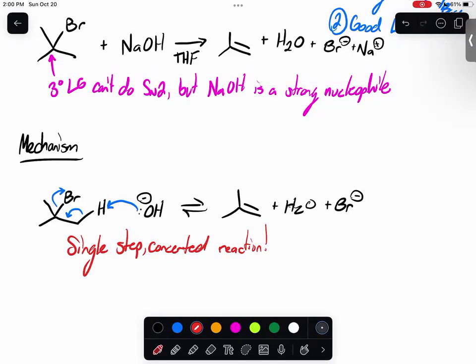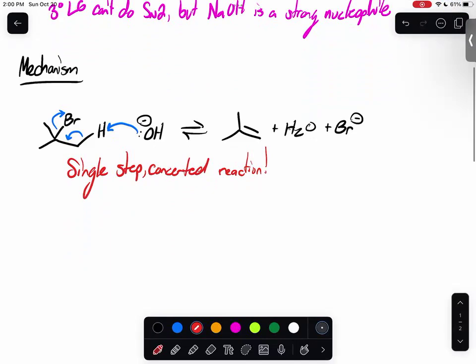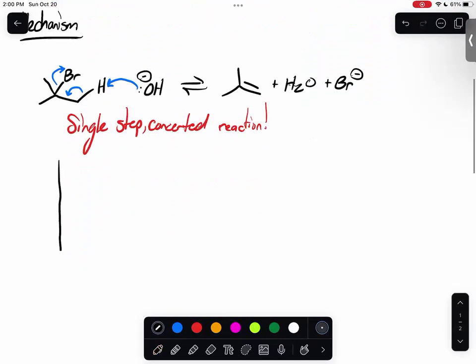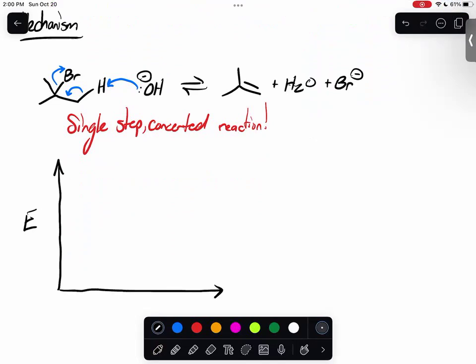And the thing is, that's not the only similarity it shares to SN2, because if we're looking at an energy diagram of energy versus reaction progress, you start out with some reactants, you end with your set of products, and it has a relatively similar curve to that of SN2, right?